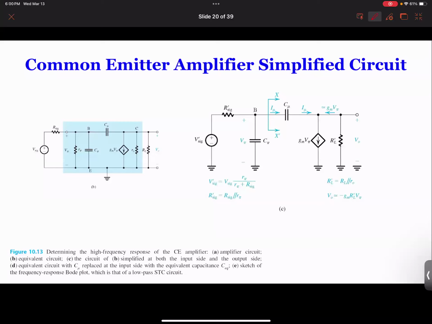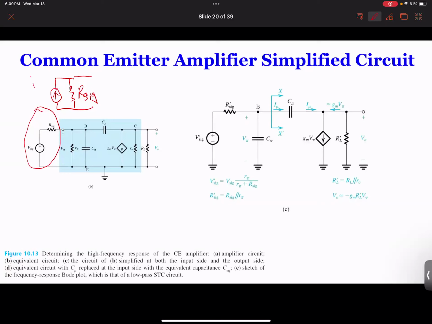This is one question some students ask me: how can you combine RSIG and R pi? Well, we can do a source transformation. So basically for this part, we can transform it into a current source ISIG in parallel. This one is VSIG over RSIG.